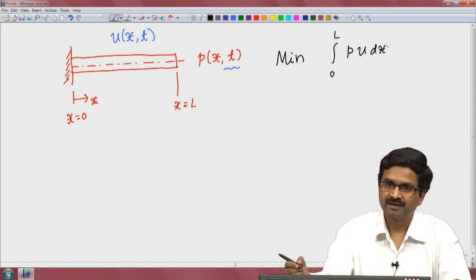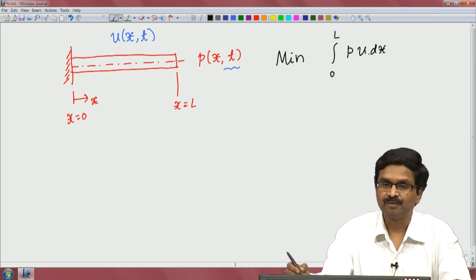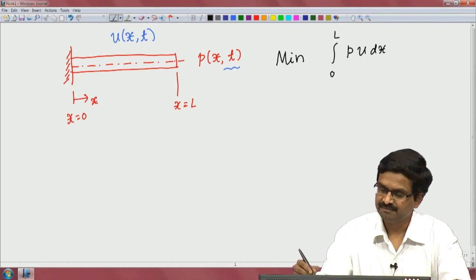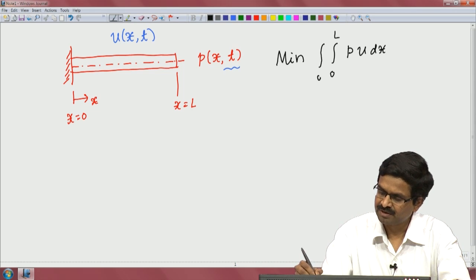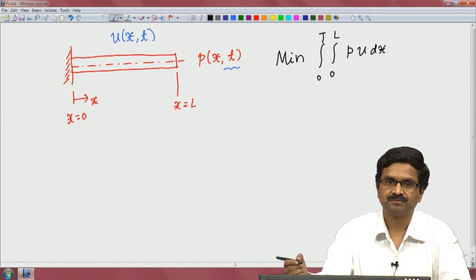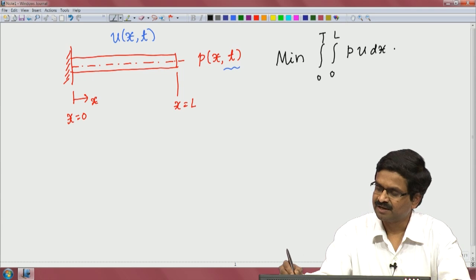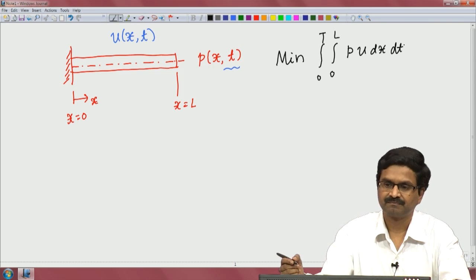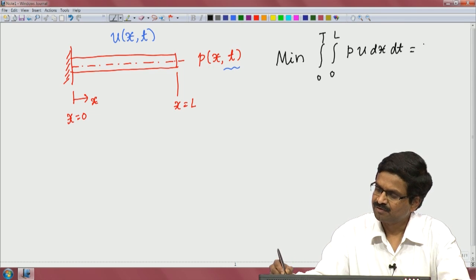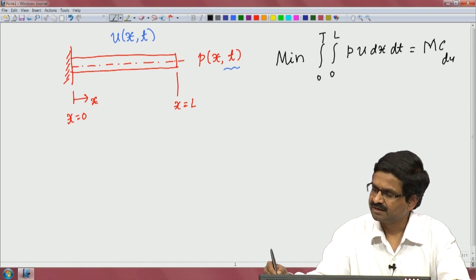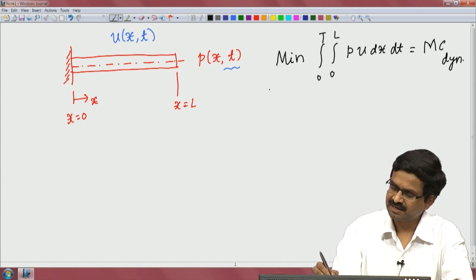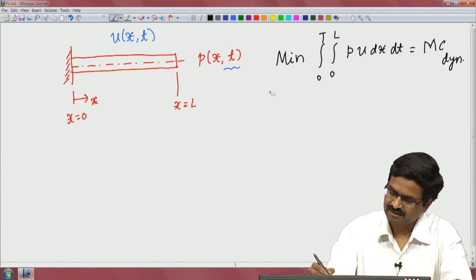But since P and u are both varying with x and time, we would do an integral over a certain time also, some capital T is given to us, and put dt. Okay. So, this one we can call MC dyn, let us define here.